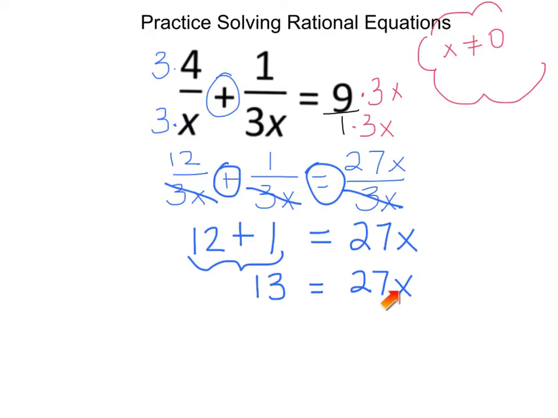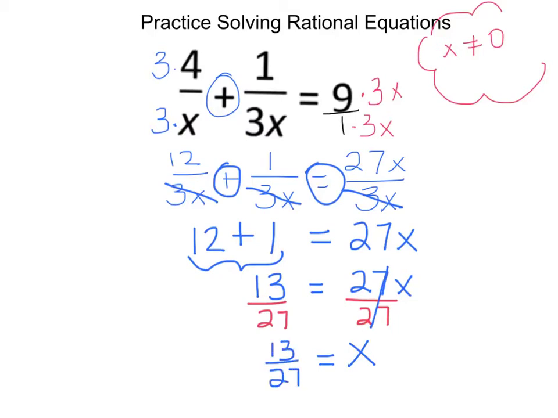And the opposite of multiplying is dividing. So we're going to divide both sides by 27. And 27 goes into 27 over here. 27 goes into 27 one time. So that'd be 1x, which is just x. And nothing reduces, so 13 over 27.